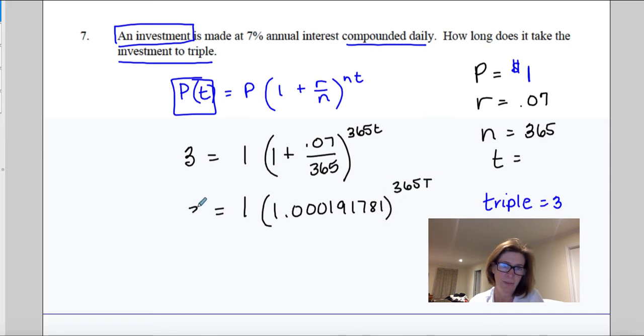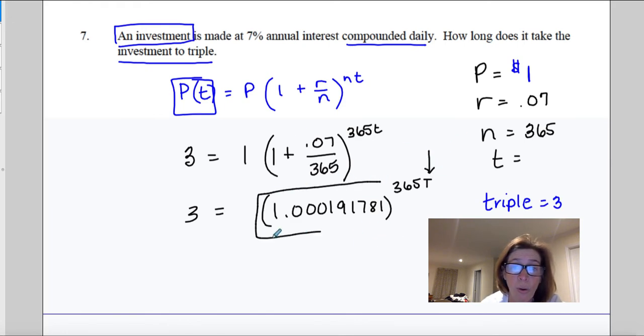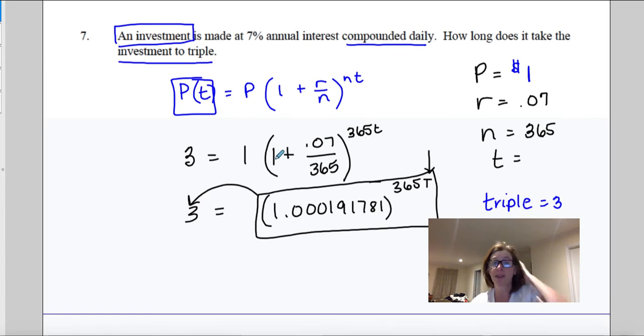All right, so because this 1 out here doesn't really matter, I'm actually going to get rid of it. So basically what we're saying is, what does t have to be so that this whole expression gives me 3? Now, you haven't learned mathematically how to do that with an algebraic algorithm yet. But I'm going to actually plug in some numbers, okay?